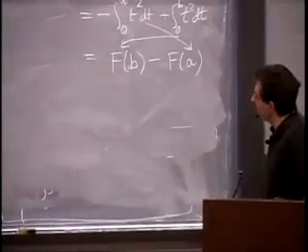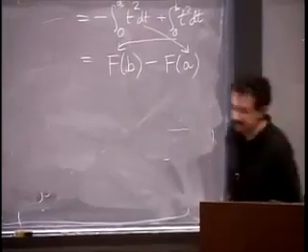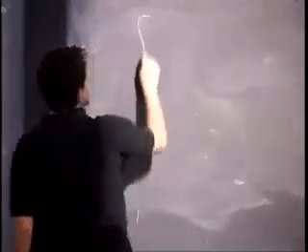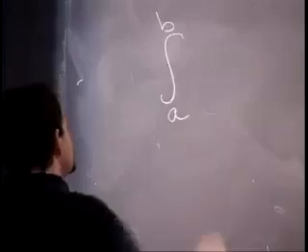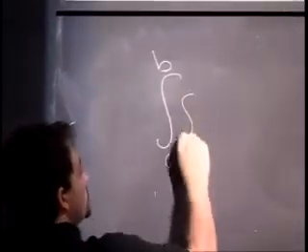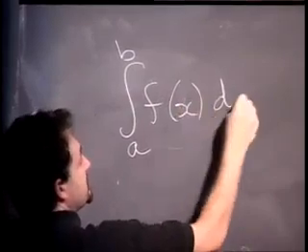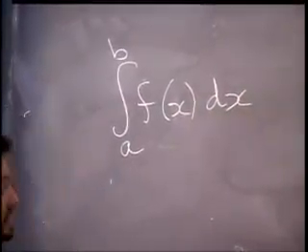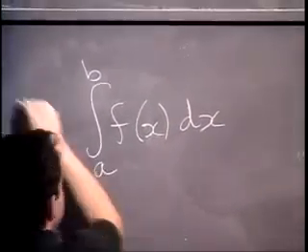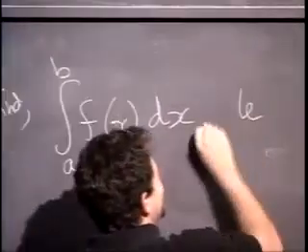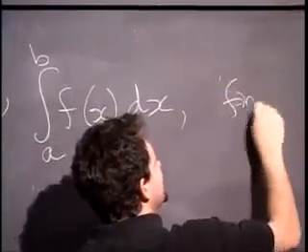So actually, that is a very brief introduction to the second fundamental theorem, which I'm going to quote, but next week I'm going to really do it properly. It says if you want to find a definite integral like this, and actually we can change t back to x because it's just a dummy variable, to find this, find any antiderivative.